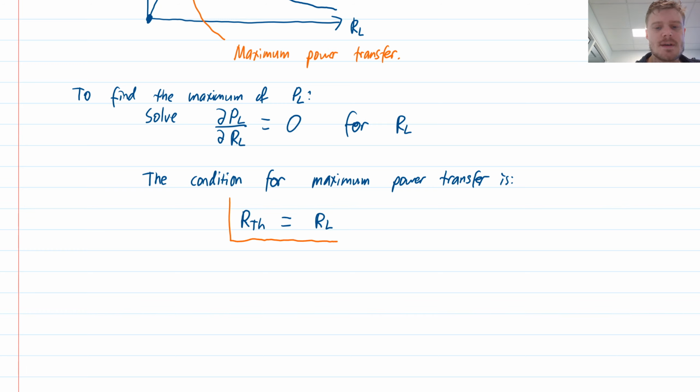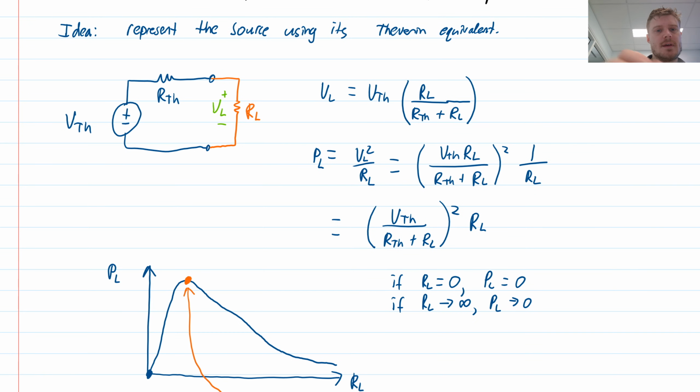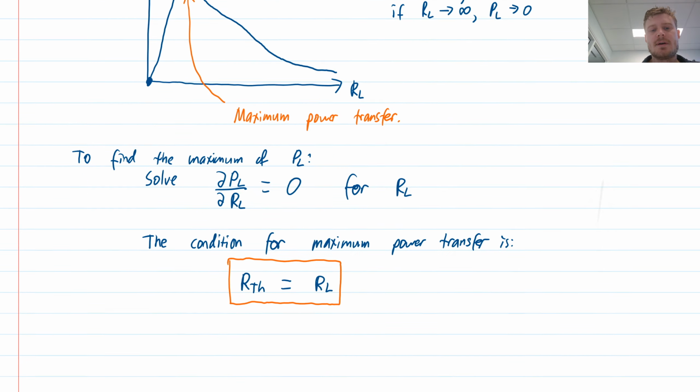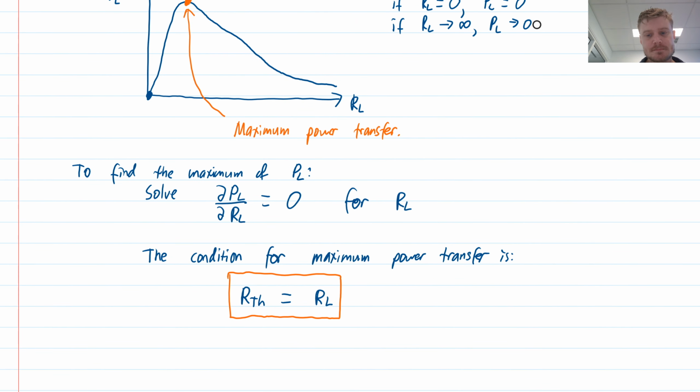So this is our rule for maximum power transfer. And this is an equation that you should remember. So you achieve maximum power transfer when the equivalent resistance of the source, the Thevenin resistance of the source, is equal to the equivalent resistance of the load. If those things are equal, the power that you deliver is maximized. And this is something that you should remember.